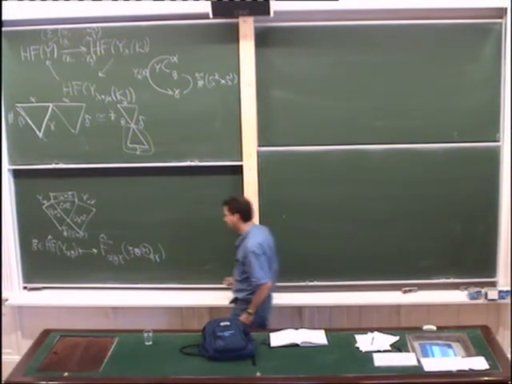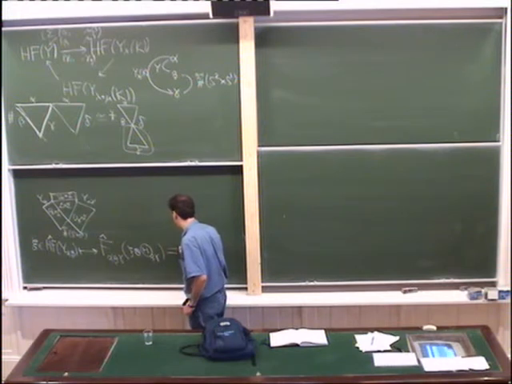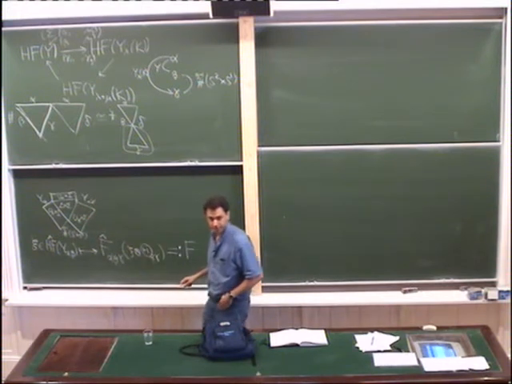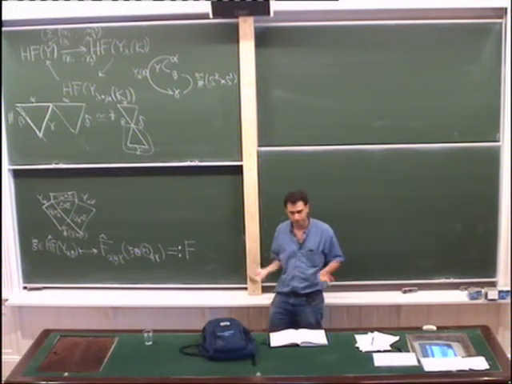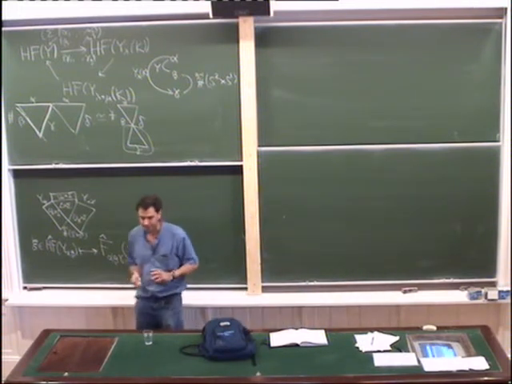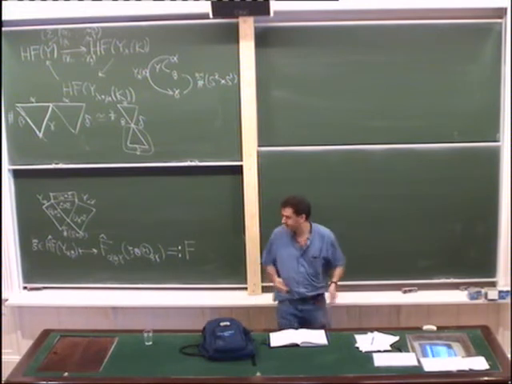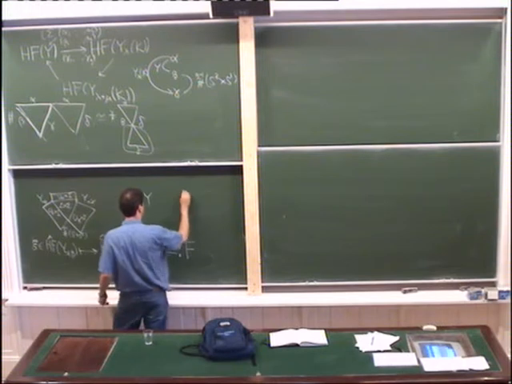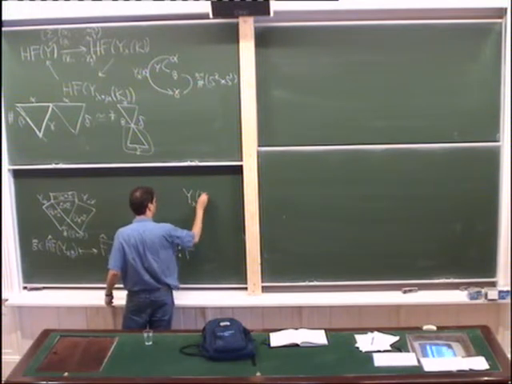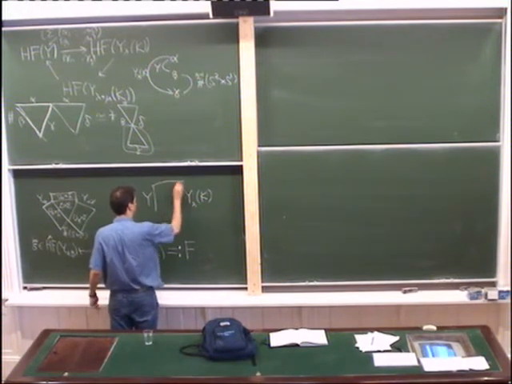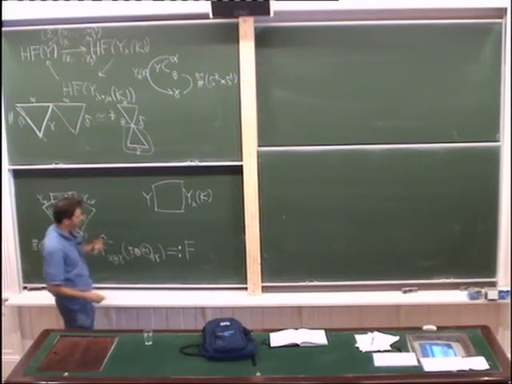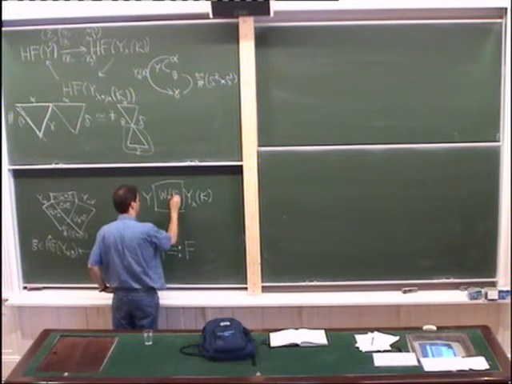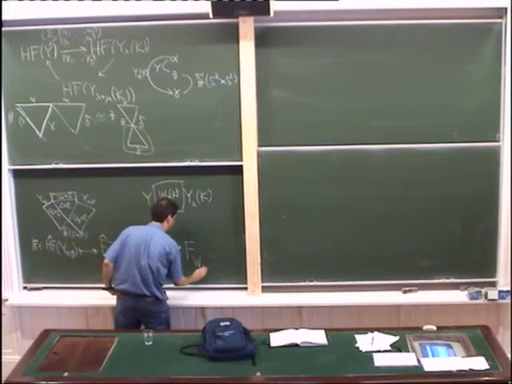But this map is what we define to be the map associated to this two-handle addition. So a framed knot in a 3-manifold specifies a two-handle addition, and we define, so we had our Y, and we formed Y lambda of k. There's a canonical four-manifold now that bounds that, which is gotten by a single two-handle addition, and let's call that W lambda of k. And we define this to be F W lambda of k.